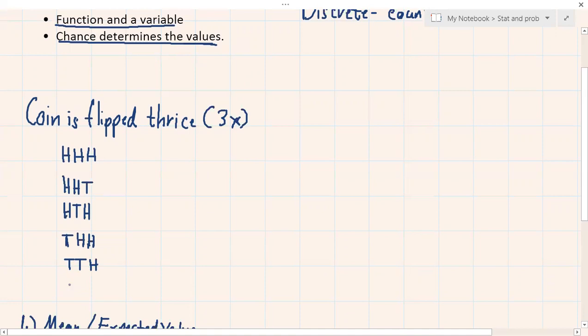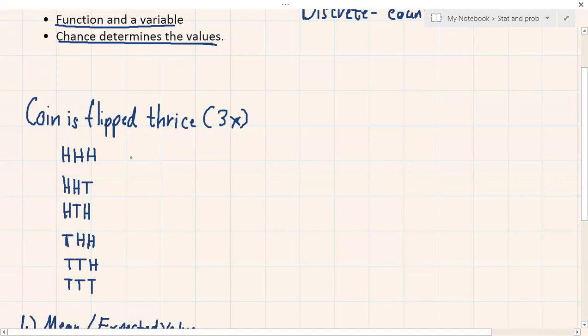Or pwede rin ganito. What if tail ang makukuha mo sa una, then second try, tail din, then sa last try, tail din ang makukuha mo. Okay? So, meron pa eh. There are like 2 more pa.